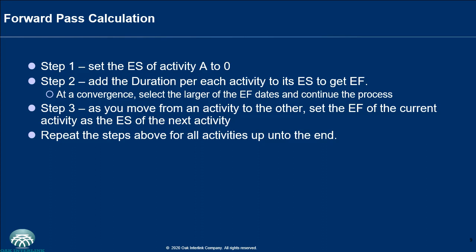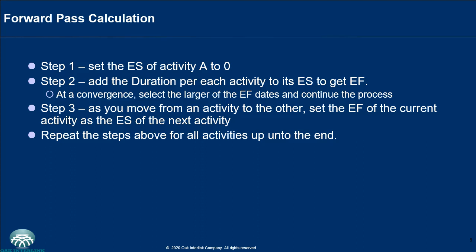Remember that when you are doing the forward pass calculation, you will be filling the top row for each of the boxes of the activities. You'll be filling just the early start, the duration, as well as the early finish.